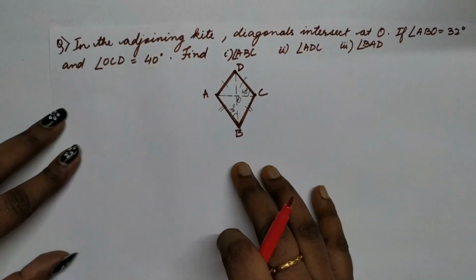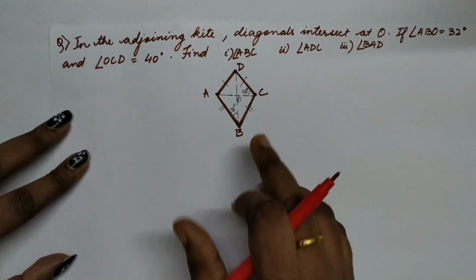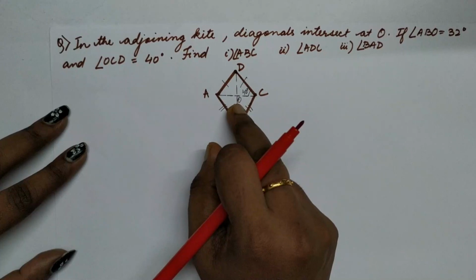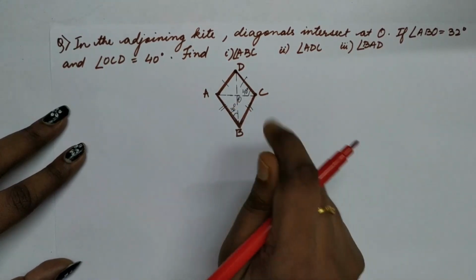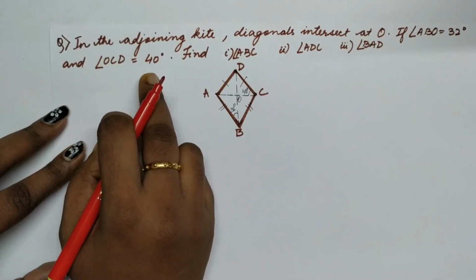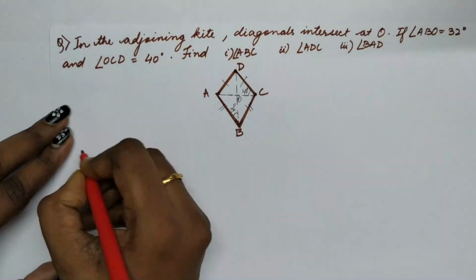In the next question, we have a kite with diagonals BD and AC, and the diagonals are bisecting at point O. Angle ABO is equal to 32 degrees and OCD is equal to 40 degrees. We have to find some given angles.